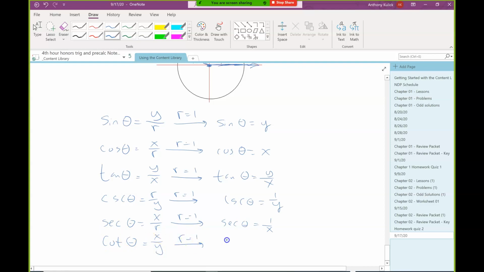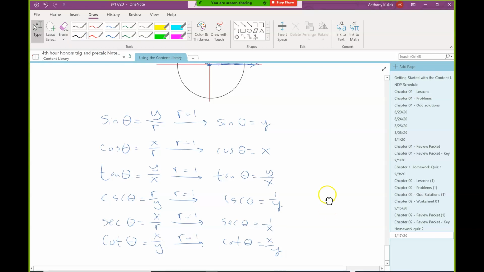If r equals 1, that doesn't change anything for us. Cotangent just stays x over y. Okay with that? Okay.